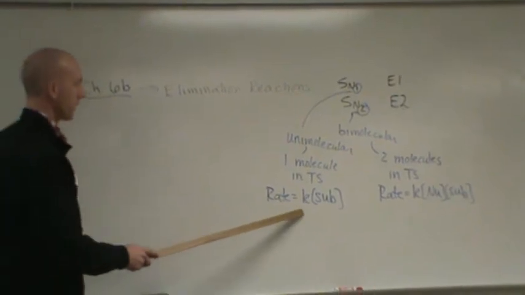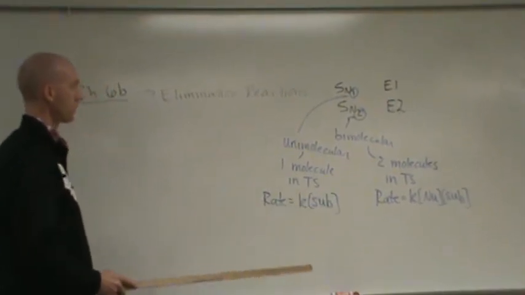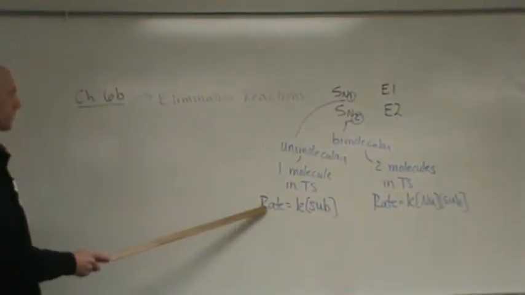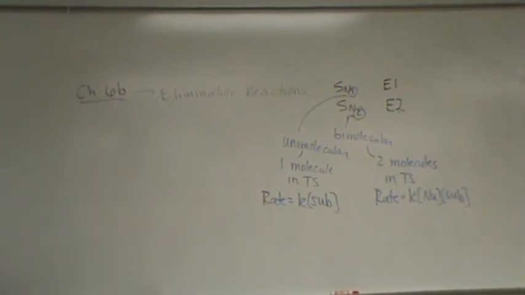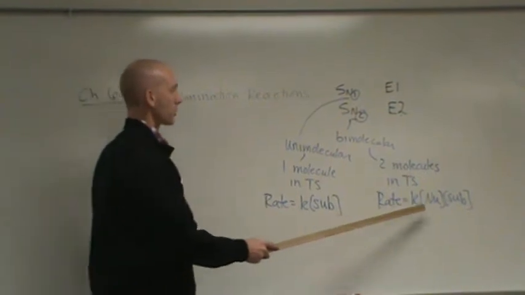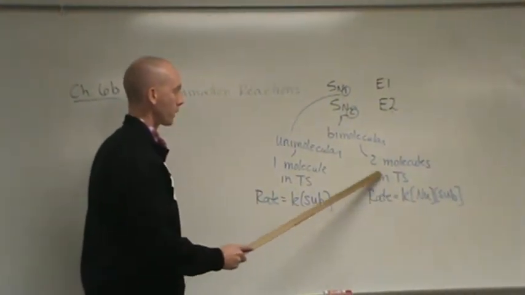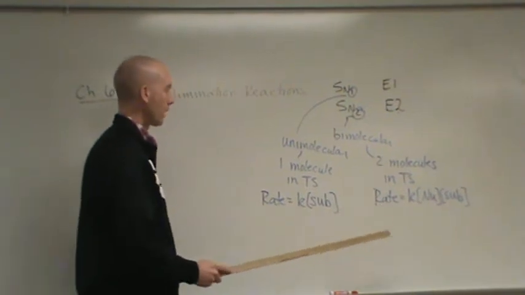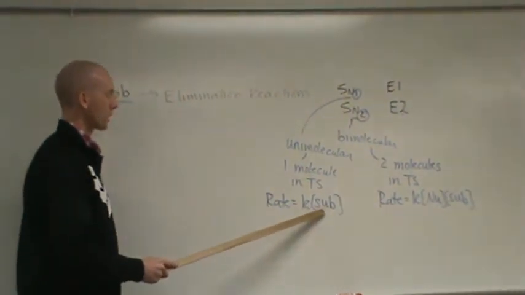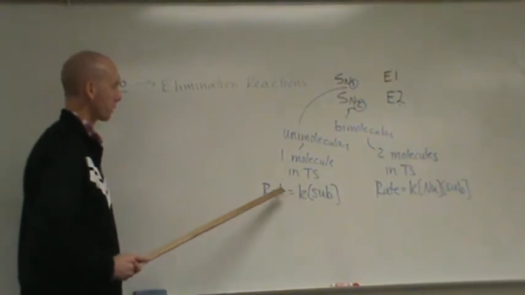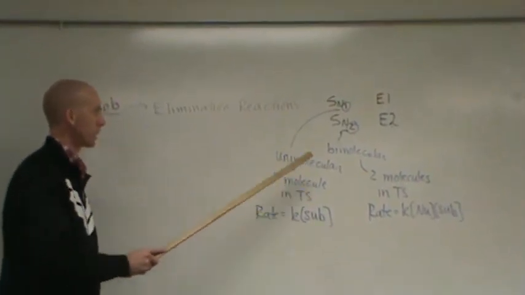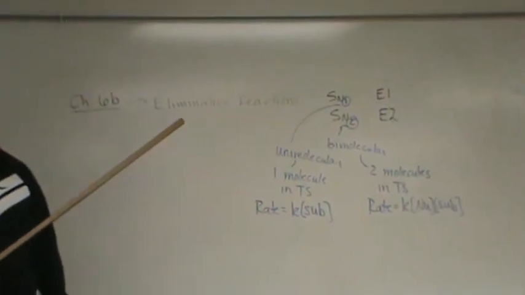The nucleophile is not involved in the overall rate. So if I change the concentration of either over here, the rate will be directly affected. Only if I change the concentration of substrate will this rate be affected in SN1.